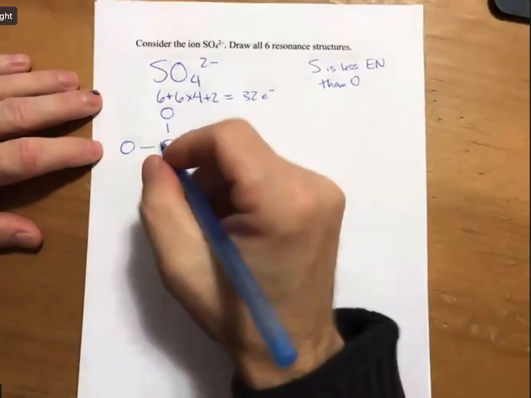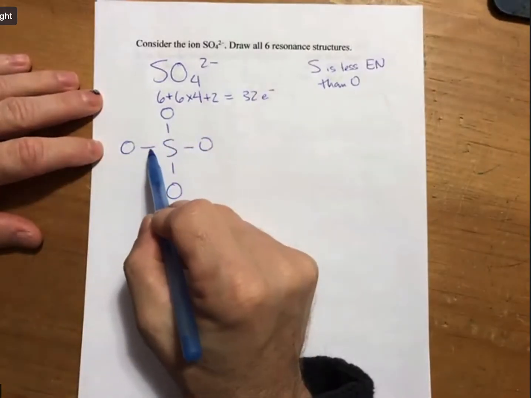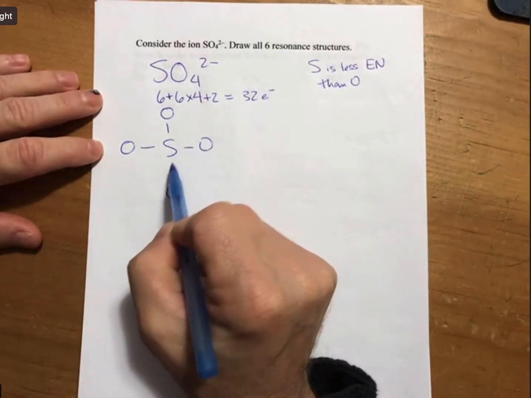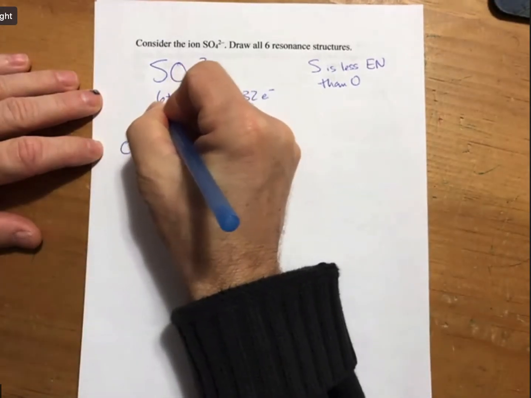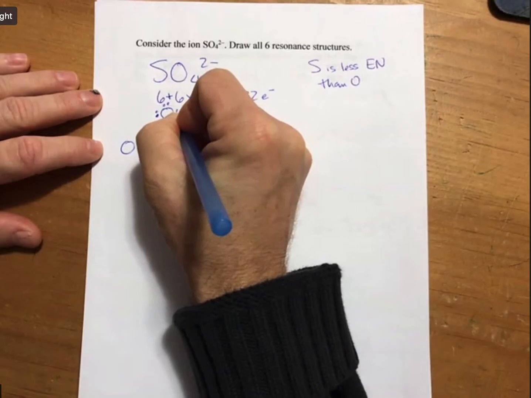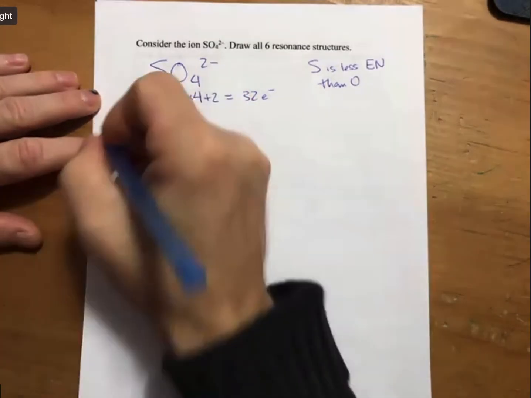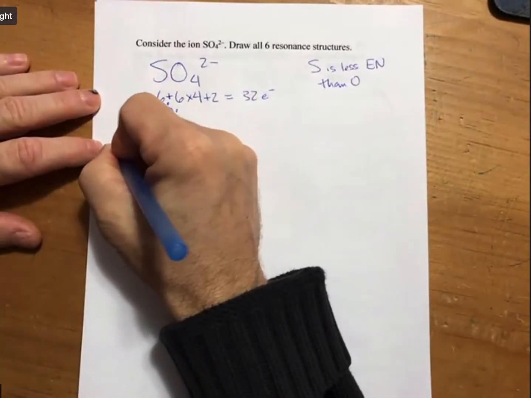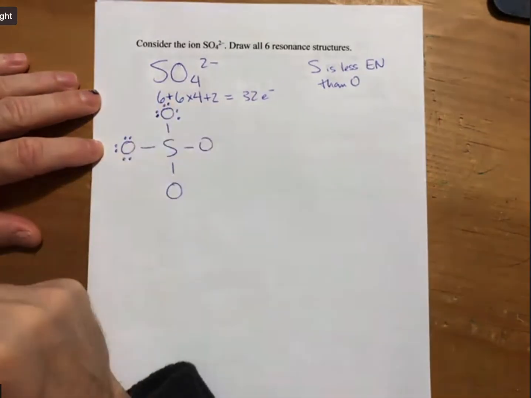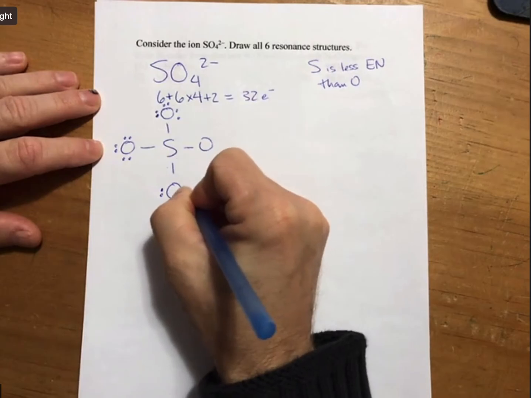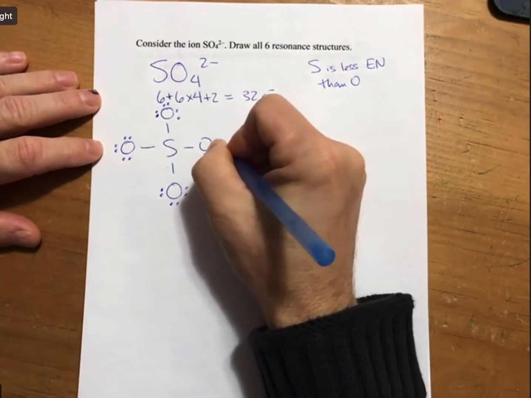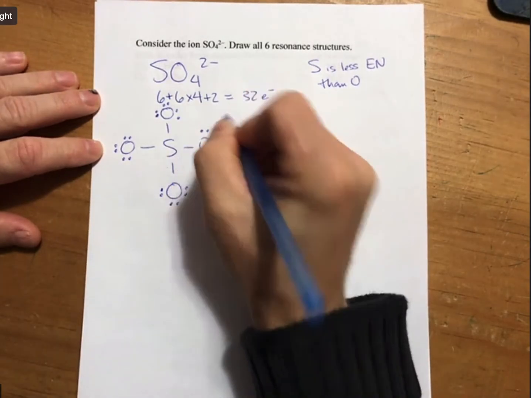Okay, so now we have 8 valence electrons in: 2, 4, 6, 8, and then 10, 12, 14, 16, 18, 20, 22, 24, 26, 28, 30, 32.